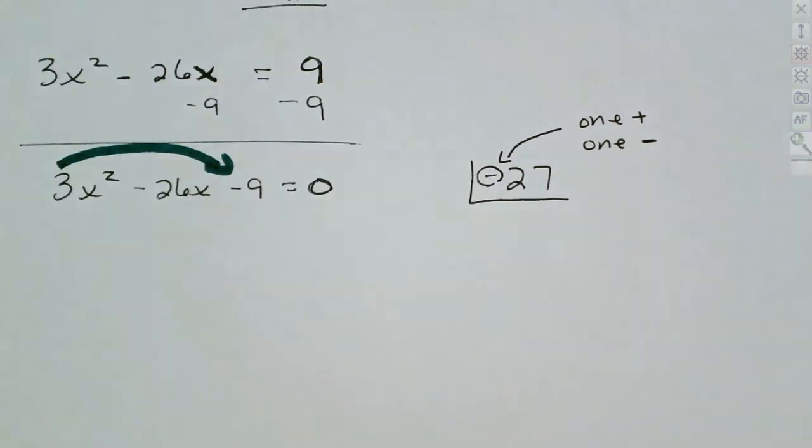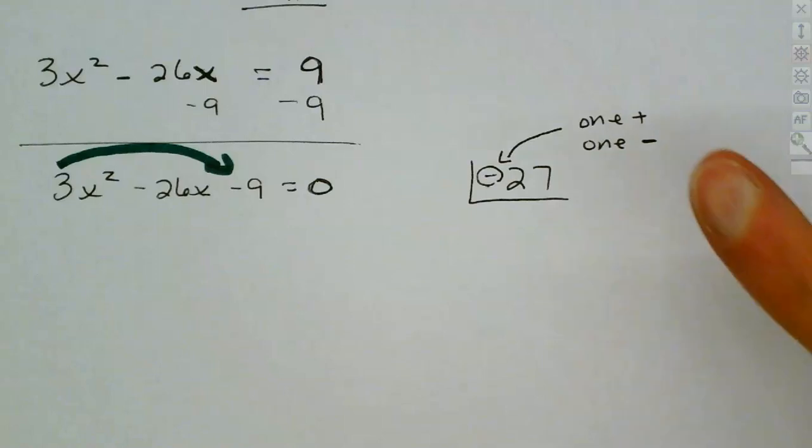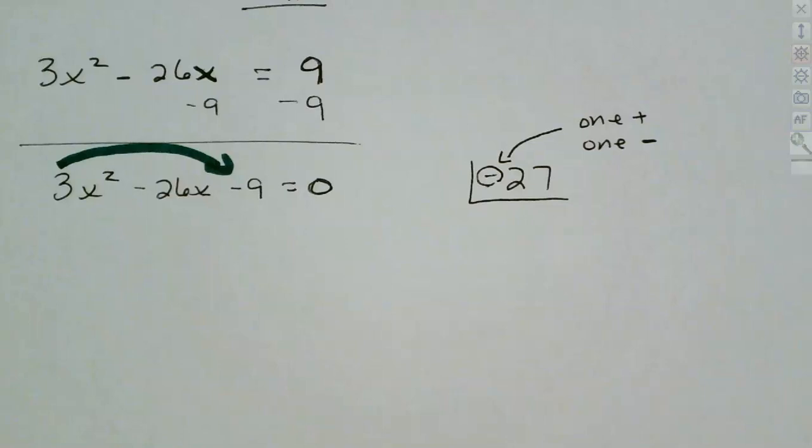Why? The only way that you can get two numbers to multiply together to give you a negative is if one has to be positive and one number has to be negative.